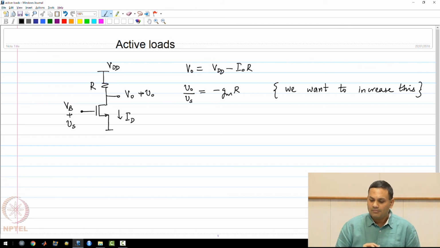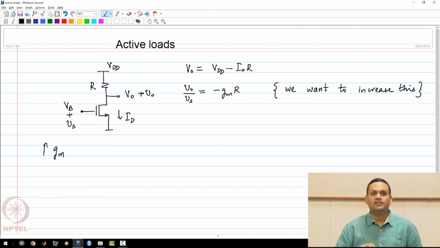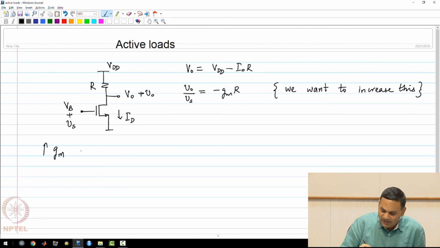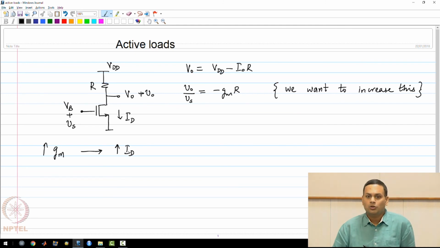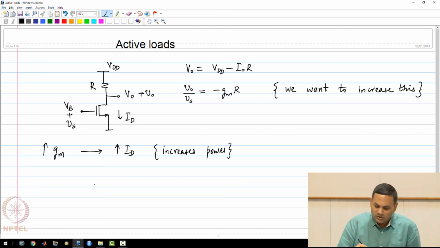Now there are of course only two parameters that you can touch. So you can increase the transconductance. This can be done in two ways. I can increase ID, which I do not want to do, because this will increase power. This increases the DC power consumption, which I do not want to do.